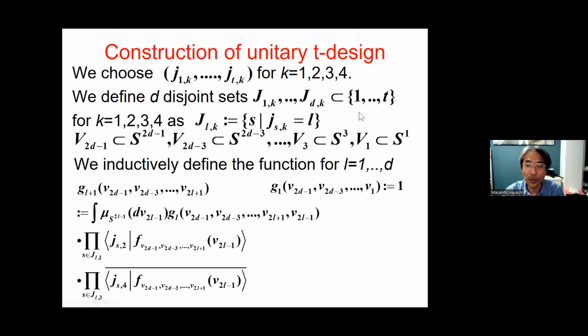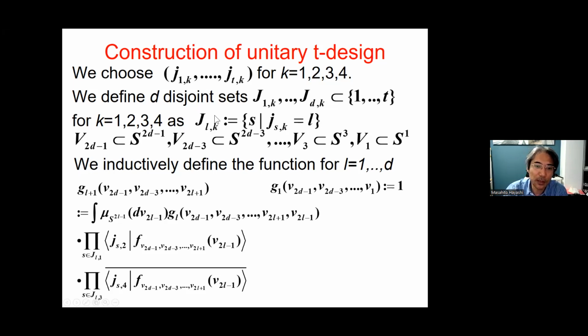For each sequence, we need to define a subset of this one. This subset is defined in this way. There is L, where L is an element of 1 to D. For each L, we need to identify the set of indices S. The component: we collect the elements of index S such that J_S^K equals L. So we define this subset.